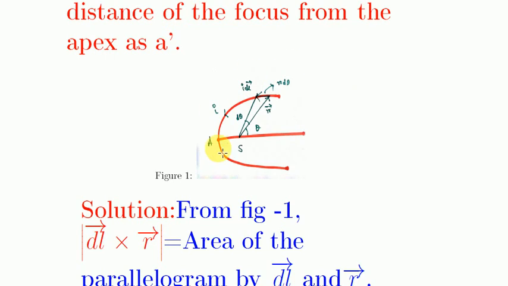So this is the diagram, and we have to calculate the magnetic field at point S, the focus of this parabola, due to the current I flowing through this parabola.